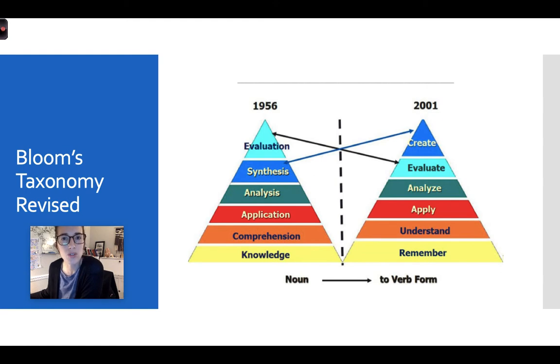So again, that doesn't necessarily mean that all students shouldn't be able to access all levels of Bloom's taxonomy. That's not what I'm saying. But I'm saying that if gifted students are gifted in your content area, they may be able to really easily remember, understand, apply, and maybe even analyze.